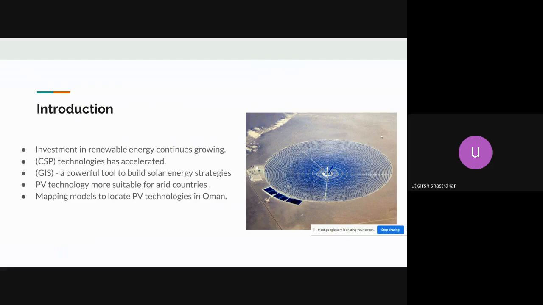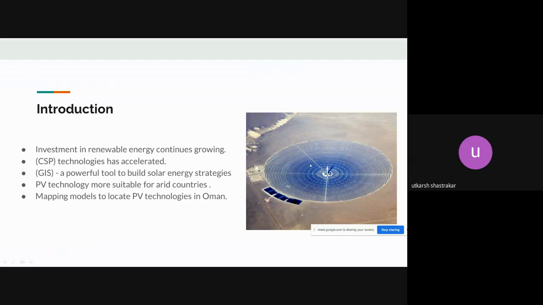Then it is seen in the introduction that the conventional photovoltaic technology is more suitable for arid countries, because if you look at this image of a CSP technology, all these mirrors and lenses are polished surfaces that need to be continuously cleaned and monitored with the help of fresh water, which is quite unavailable in arid countries.